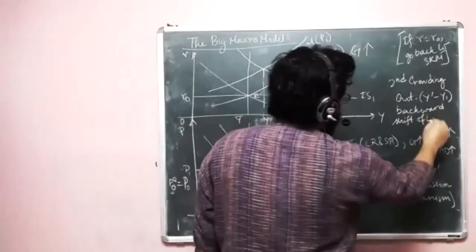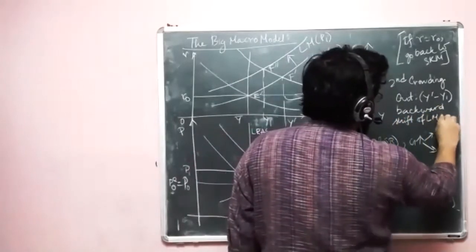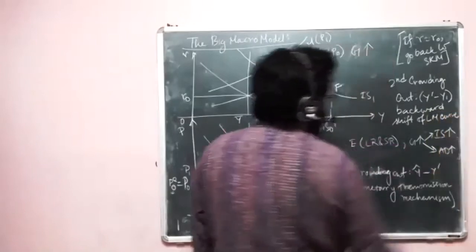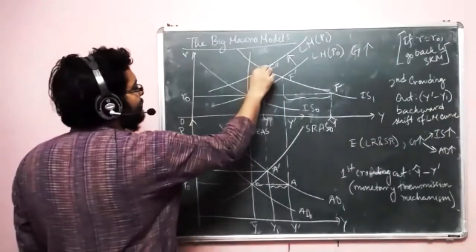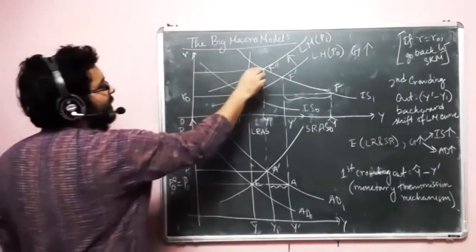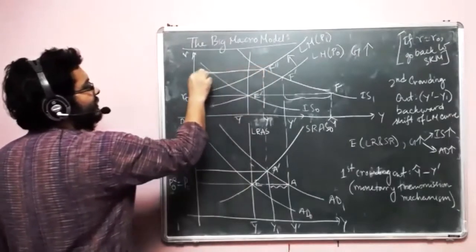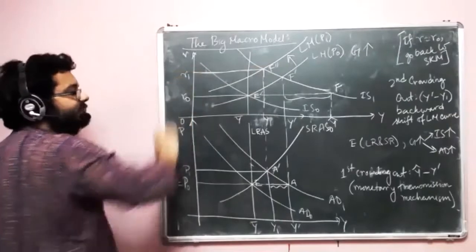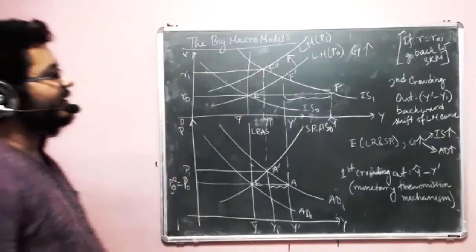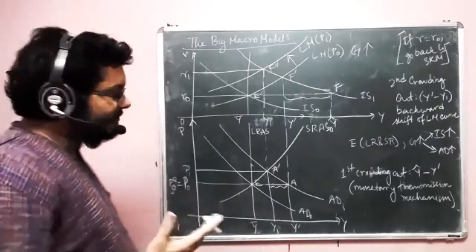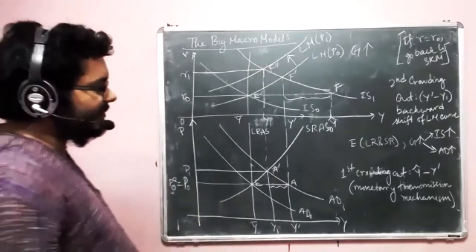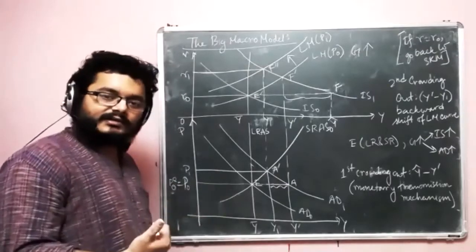The backward shift of the LM curve. So from that we can understand why this happened. And why this happened? Because when prices rose, the real value of the money supply basically reduced, right?